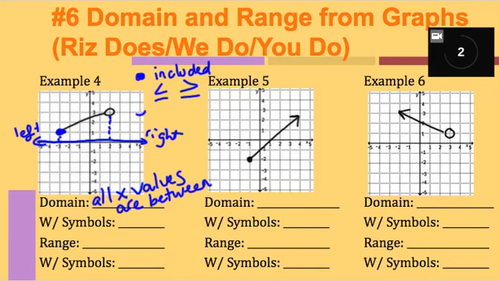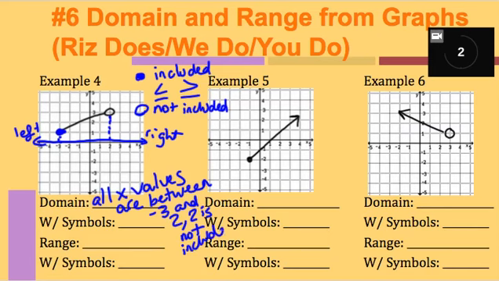But this one, remember, an open hole is not included. So I'm going to say all x values are between negative 3 and positive 2. Okay? Positive 2 is not included.